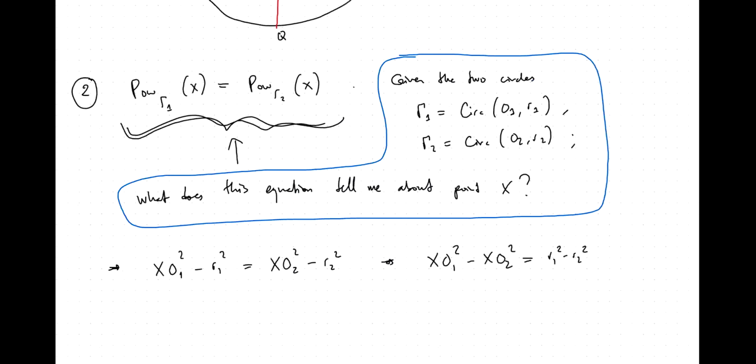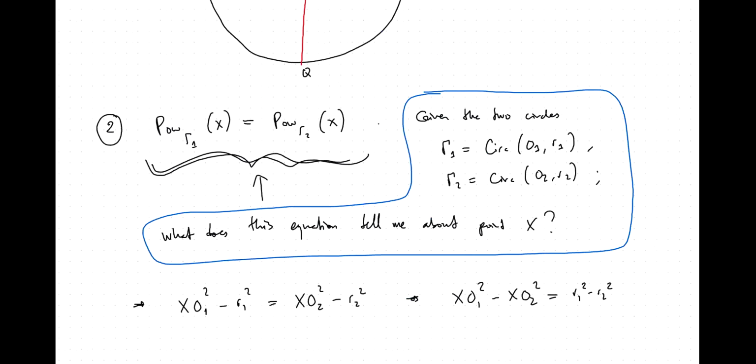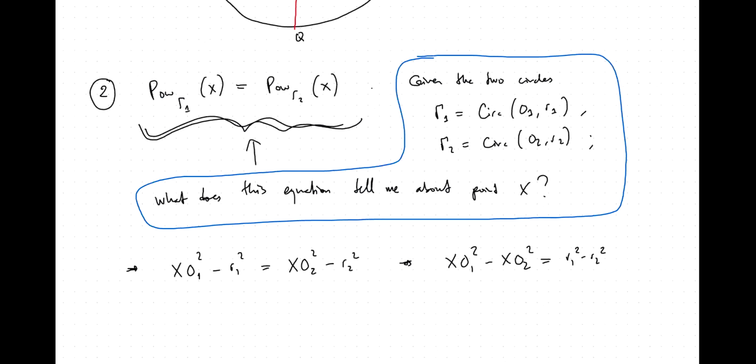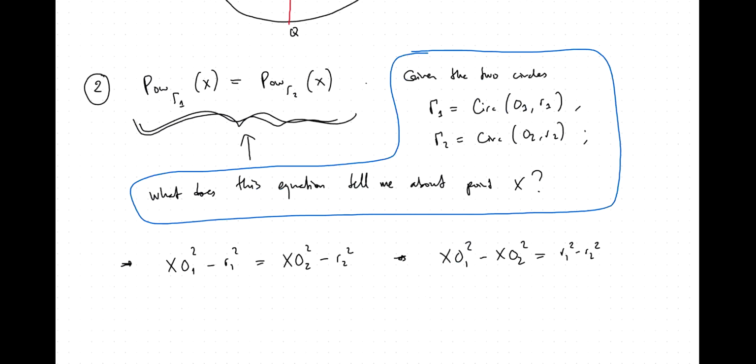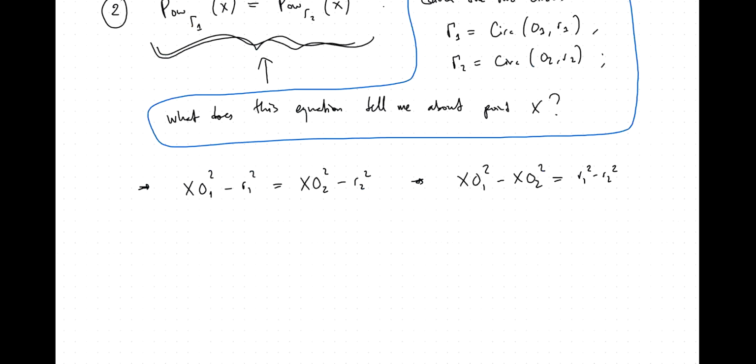And if they are the same circle, of course, all the points would satisfy. Right? So for non-degeneracy, we must suppose O1 and O2 are not the same.